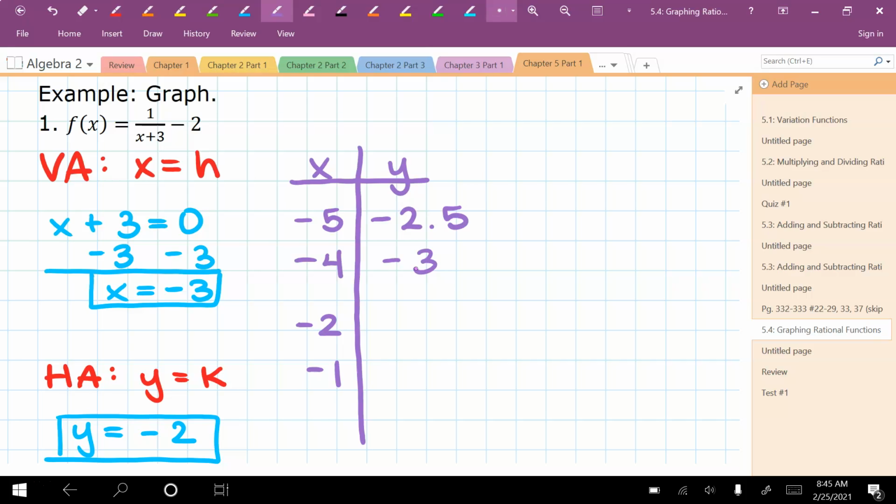So when I put in -2, I got -1. And -1, I got -1.5.